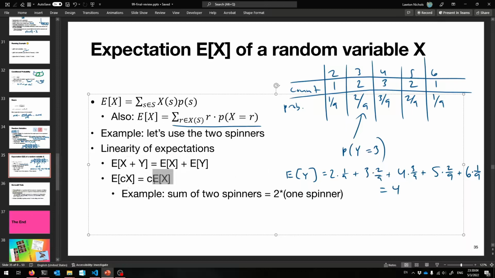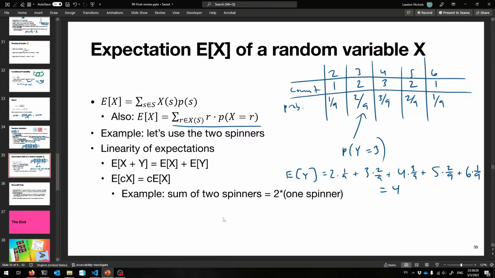It's just the expected value of x times that c. All right. So for example, the sum of 2 spinners is really 2 times whatever 1 spinner could give you back, as far as random variables go, right? The expected value for the sum of 2 spinners is 2 times the expected value for a single spinner. Does that make sense?